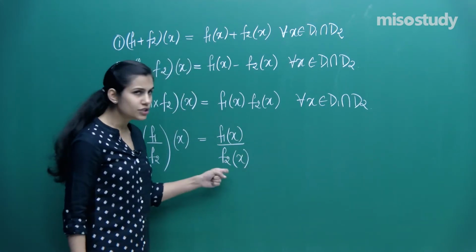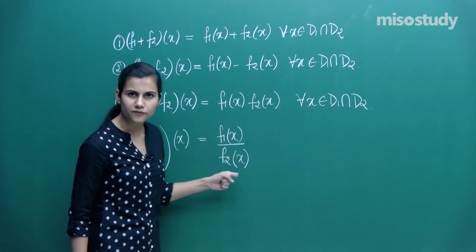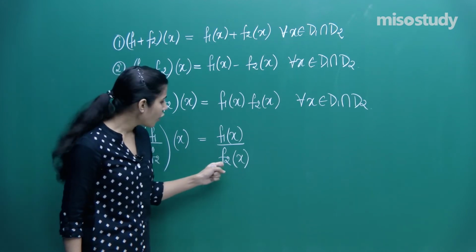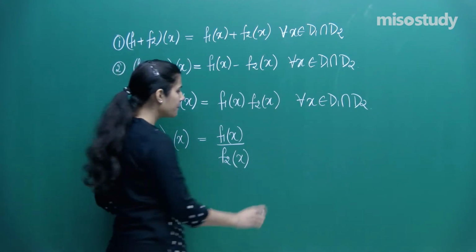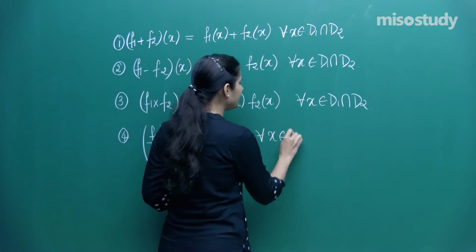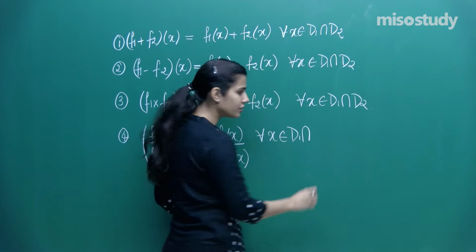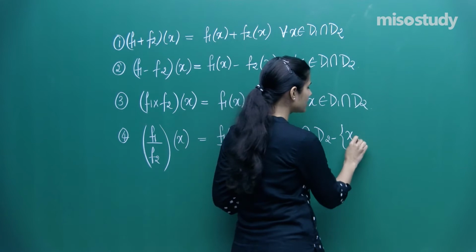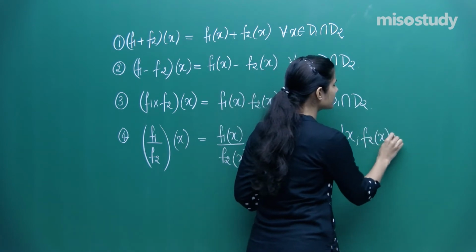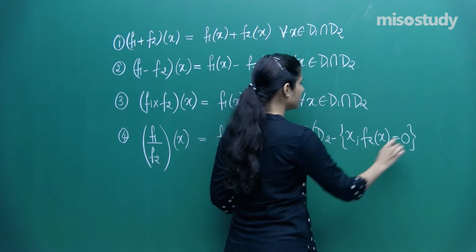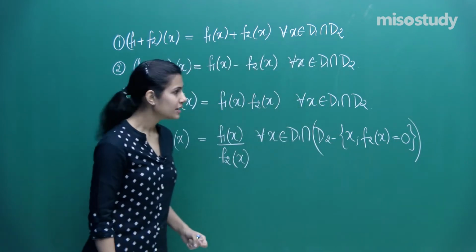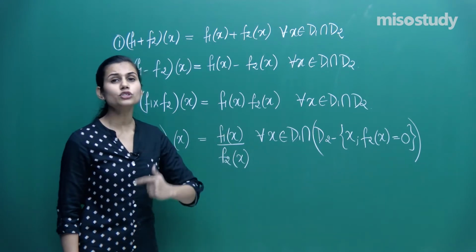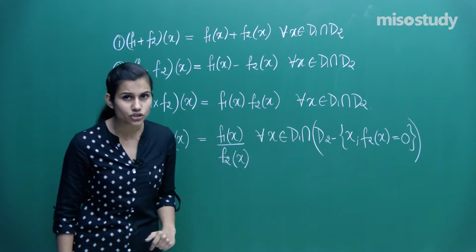And because I not just want x to lie in the domains of both f1 and f2, but I also wanted that x should not be one of those reals for which f2 of x is 0, because of which the domain happened to be d1 intersection d2 minus the collection of all those reals for which f2 of x is 0.